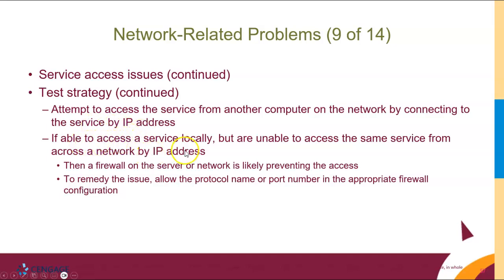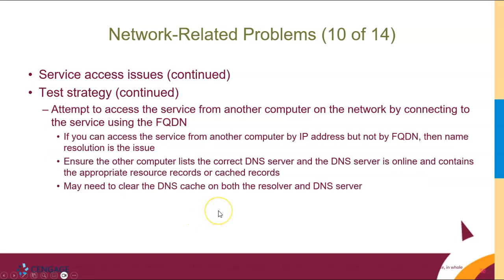If you are able to access the service locally but unable to access it from across the network, then there is some kind of firewall or network rule that is likely preventing the access. To fix that, a lot of times that's an upstream problem. So you'll have to make changes on your firewall or your network switch, whatever is in between them that would be preventing that via ACLs or firewall rules.